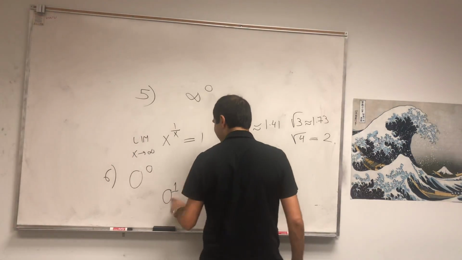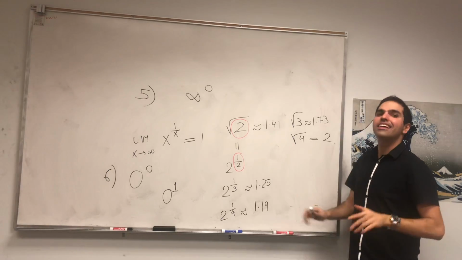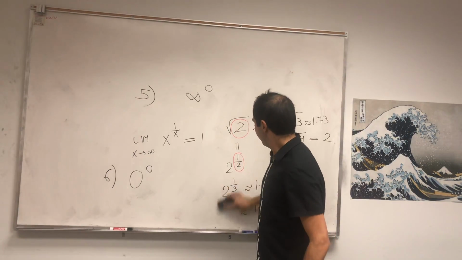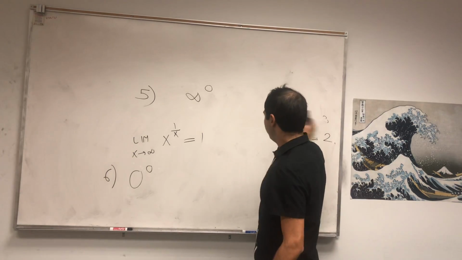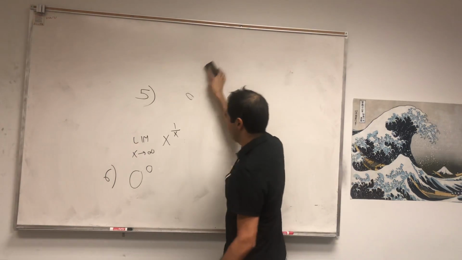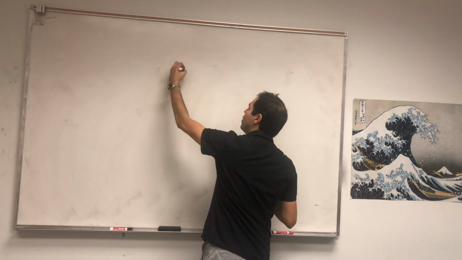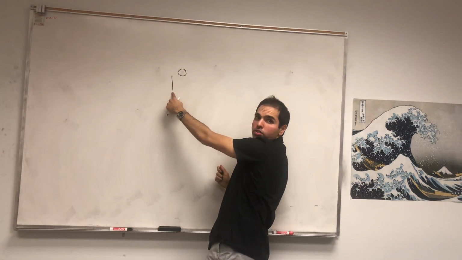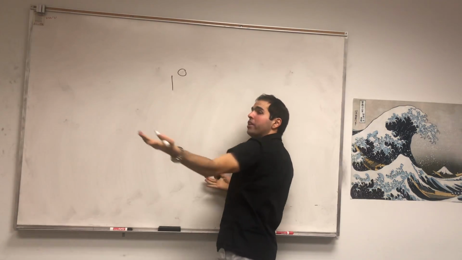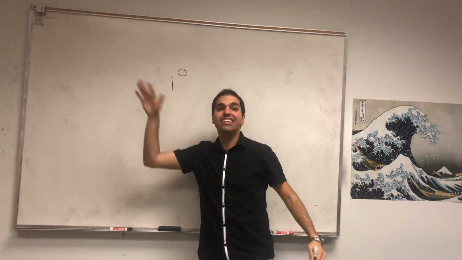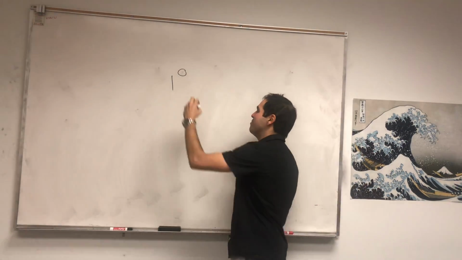So here there is no debate, it is not an indeterminate form. Similarly with 1 to the 0, the base wants you to go to 1, the exponent also wants you to go to 1. So there is an agreement here, so it's also not an indeterminate form.